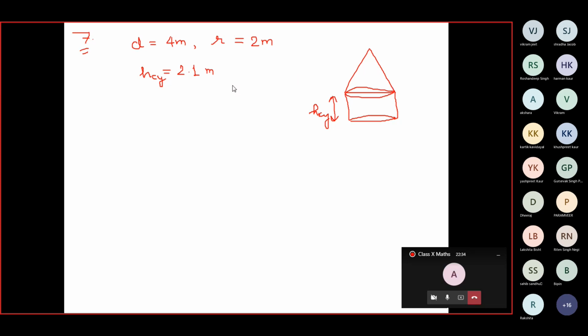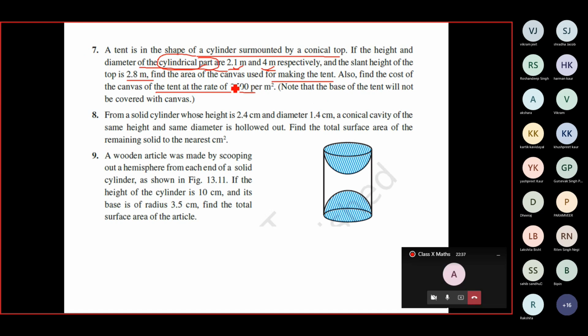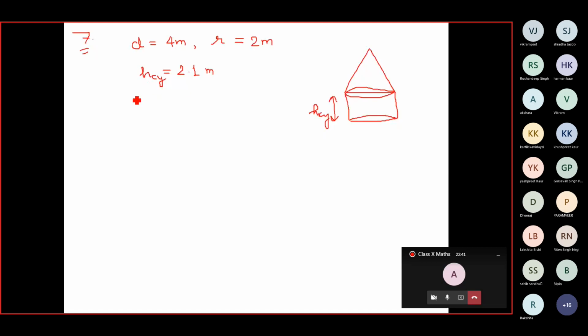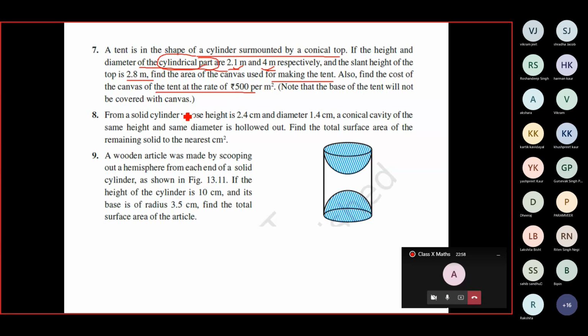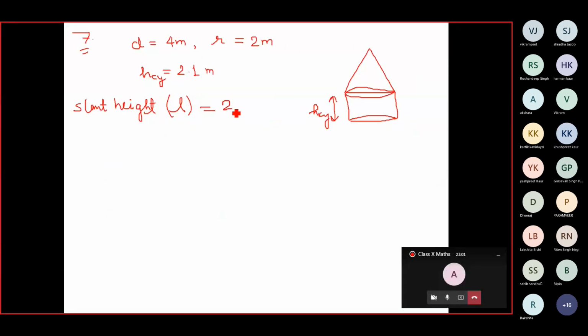Now for the cone, we have to describe a few things. The slant height L of the cone is given 2.8 meter.